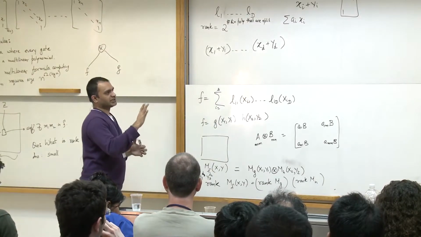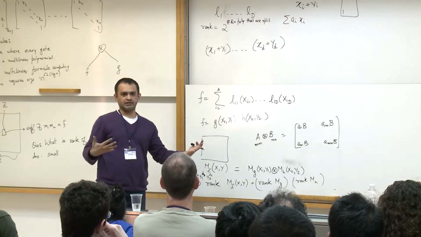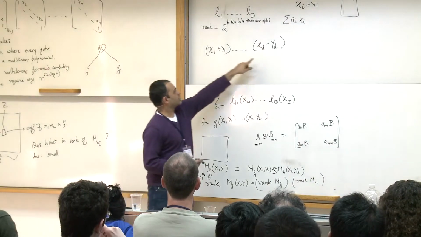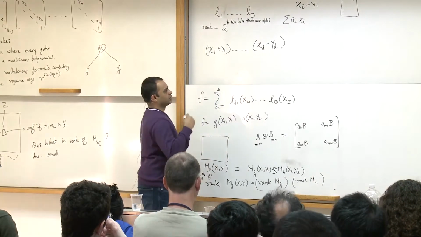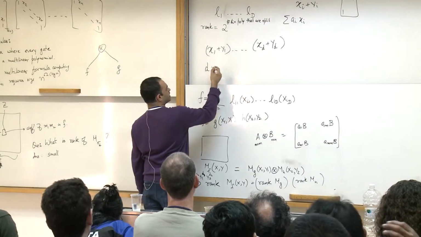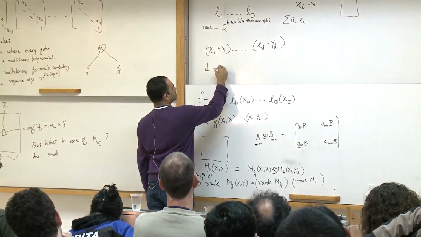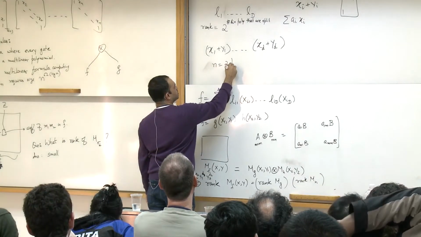What I want to make sure is that the number of variables and the degree are not too far apart, because I want to get some control on how many such terms I have. So throughout, what we'll try to make sure is that n is something like 2d.